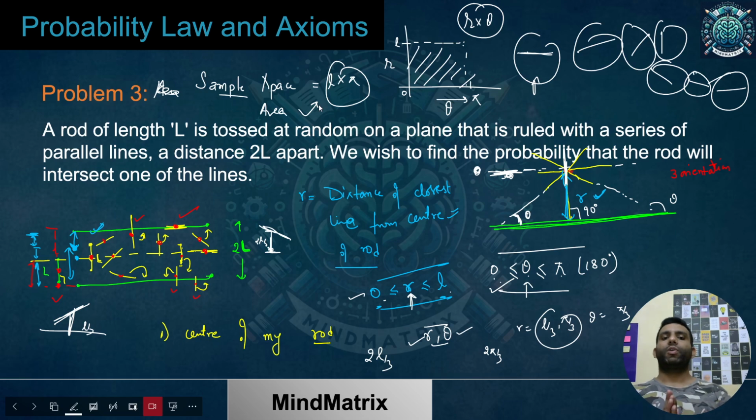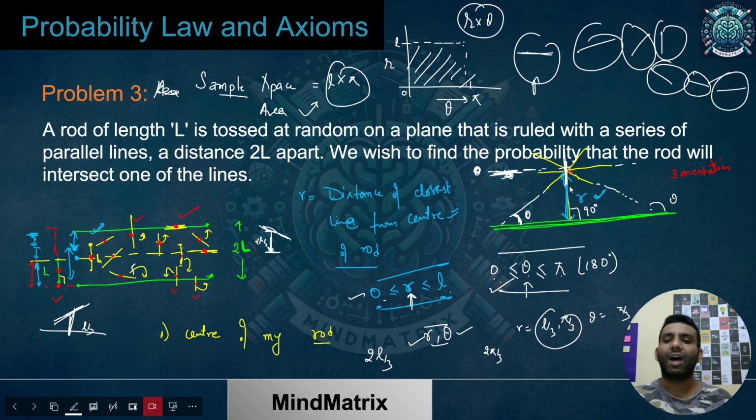Up to this point, your idea of sample space must be clear. This is important over here. If this is clear, we can proceed further. Let me just repeat it. We have enough orientations present which may or may not lead to some kind of intersection, and an orientation can be identified using two parameters.